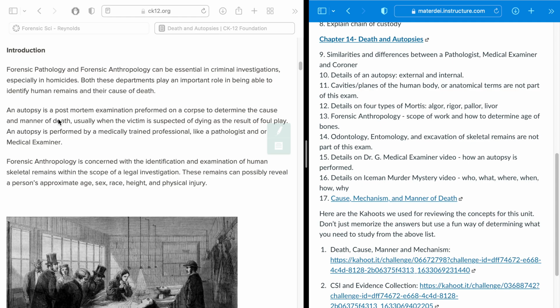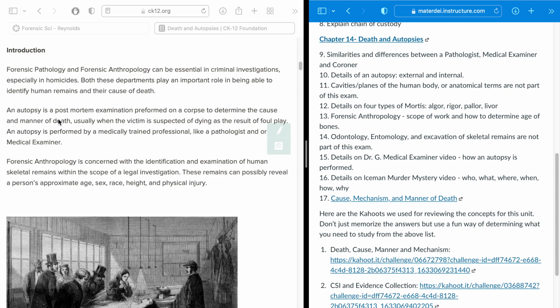So a pathologist is also a medical examiner. A pathologist, that word means that they're really good after they take the autopsy. They take slices of tissues and organs, and they can even put it under a microscope, and they can determine, hey, this person has cancer, or there's an anomaly in this organ. This contributed to their death.